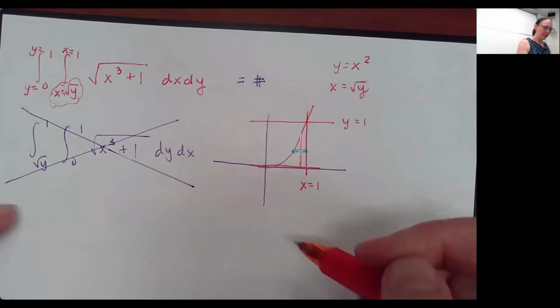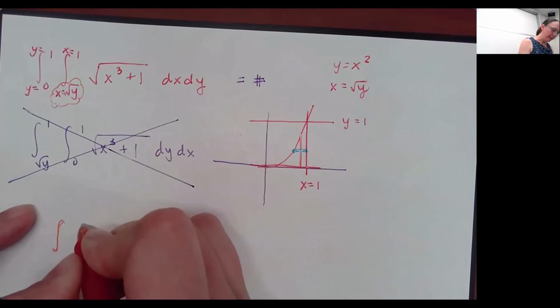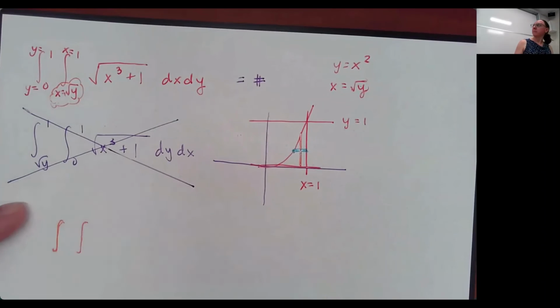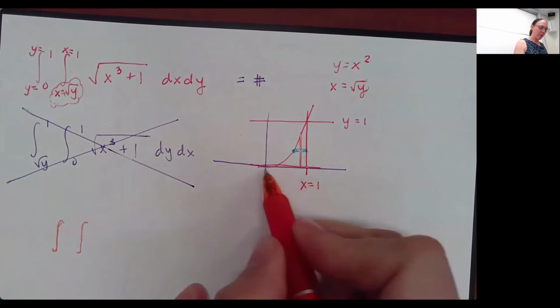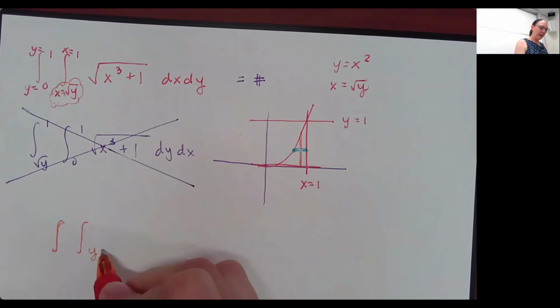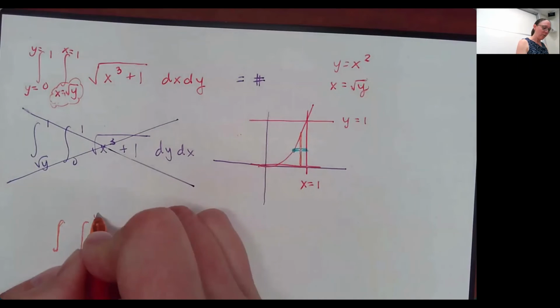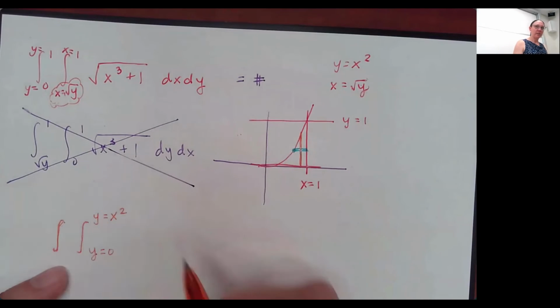And that vertical cross section, my inside bounds, the function at the bottom is y equals 0. And the function at the top is y equals x squared.